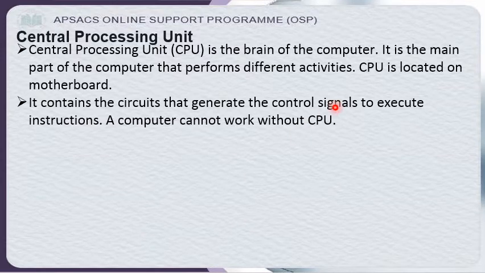Basically, control signals are sent to the different parts of the computer. These control signals tell it to store the data on the hard drive, take the data from the RAM, move it to the control unit or to the arithmetical logical unit, do this addition. All these instructions are sent through control signals to the microprocessor for execution.